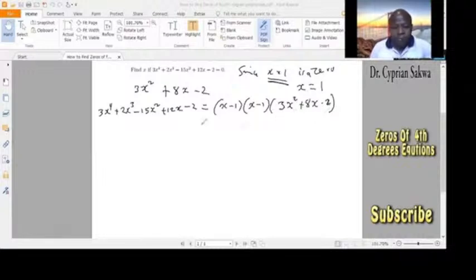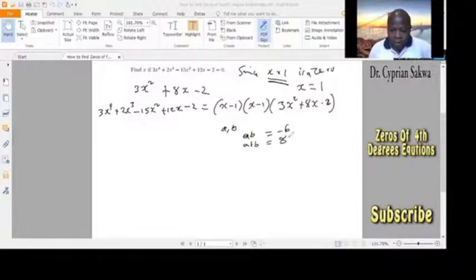Okay, so we've managed to factorize this. Let's see whether we can factorize this. Is there a possibility of getting two values a and b such that their product is negative 6 and their sum is 8?